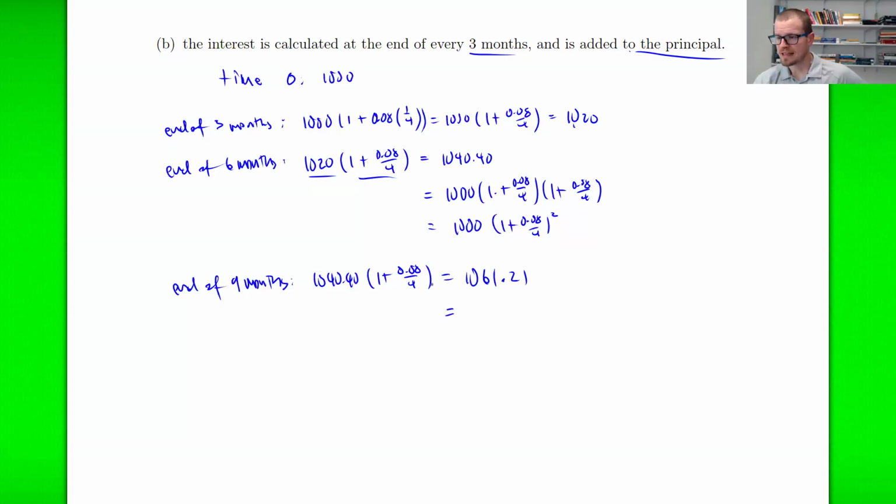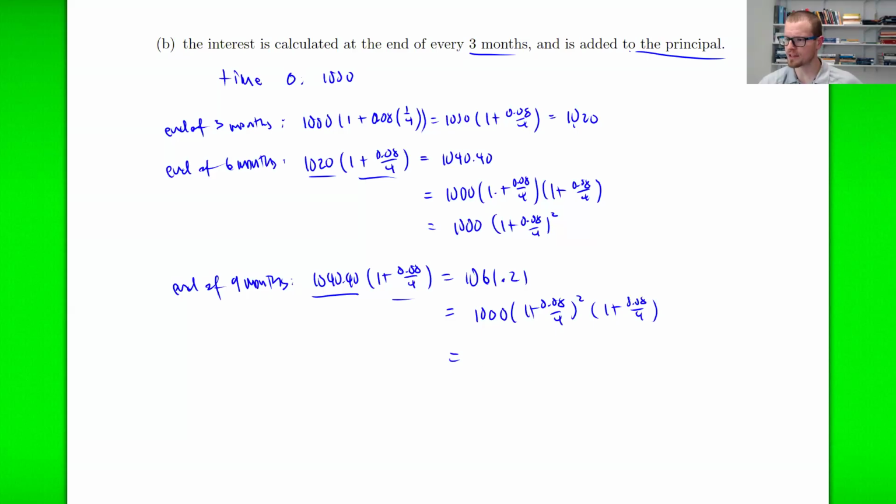But we can recognize again that this 1,040 was given by 1,000 times 1 plus 0.08 divided by 4 raised to the second power. And this piece is still the 1 plus 0.08 divided by 4.